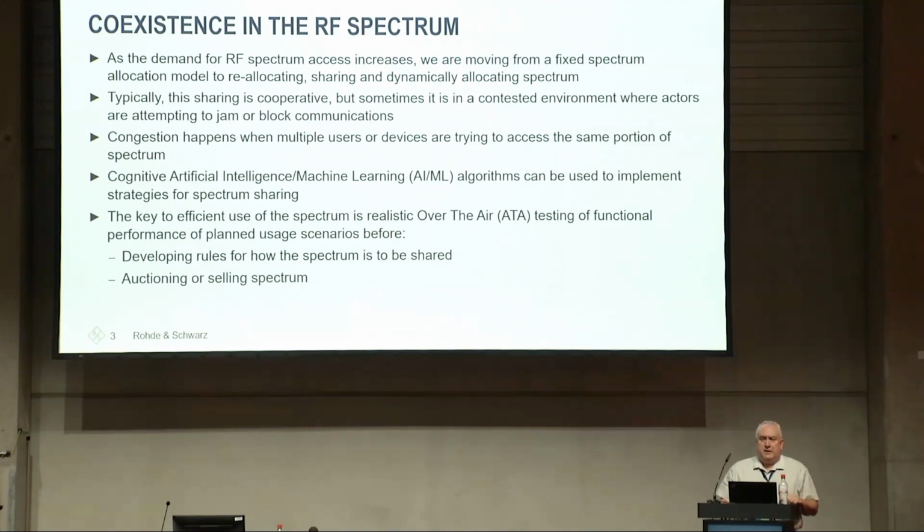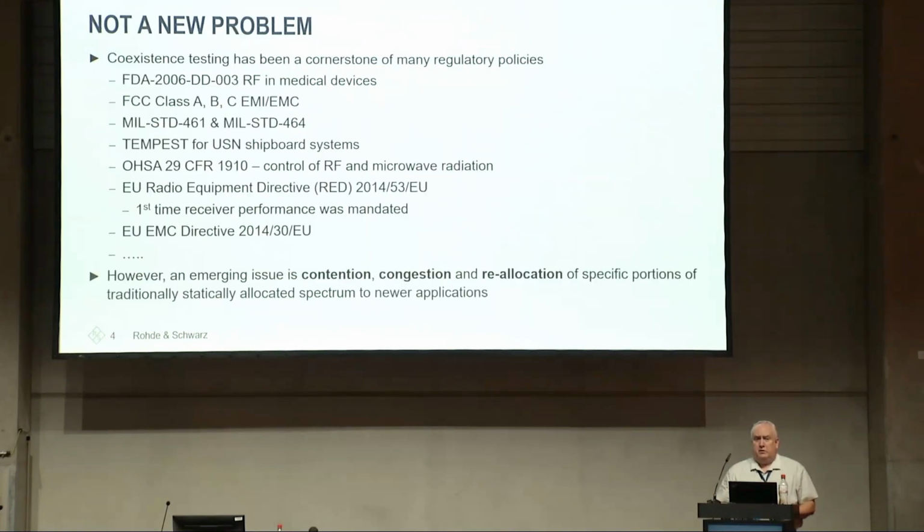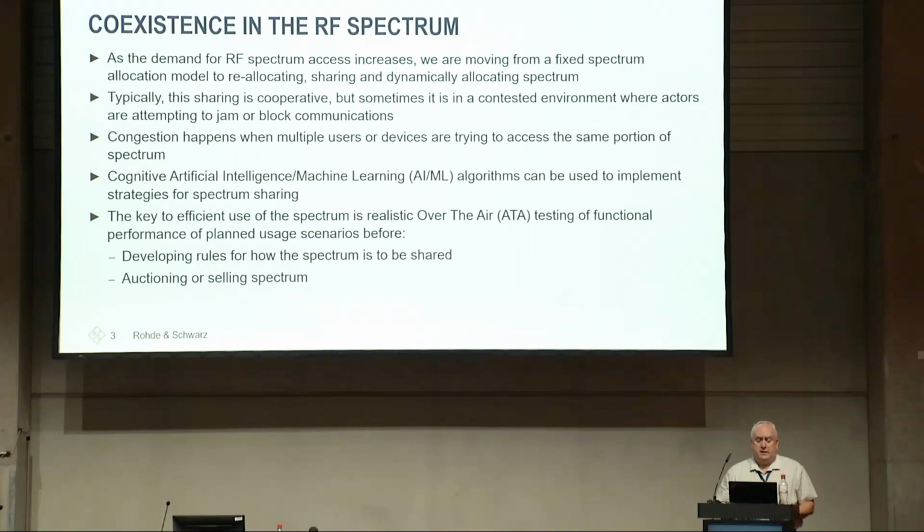And the key here, and I talk about this a little more in the white paper, is that if you want to really understand what's going to happen in the real world, you need to create realistic over-the-air testing of functional devices before you develop the rules for how the spectrum is to be shared and before you auction and sell the spectrum. And some of you can probably think of Ligado, Lightspeed, and the current challenges that might occur with GNSS and GPS interference as an example of putting the cart before the horse.